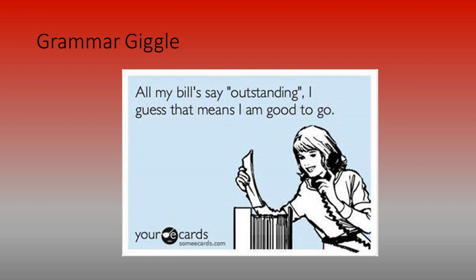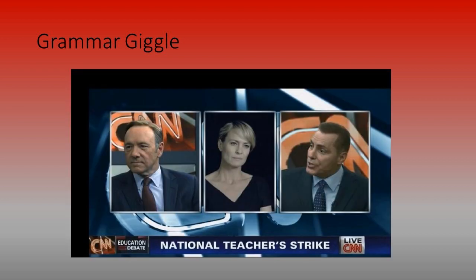It just doesn't work except in very, very limited cases. And here's another one. Apparently there was only one teacher on strike because they used a singular possessive. So you need to start with the word you need and then make it possessive. Don't just add apostrophe S to everything thinking that makes it possessive.